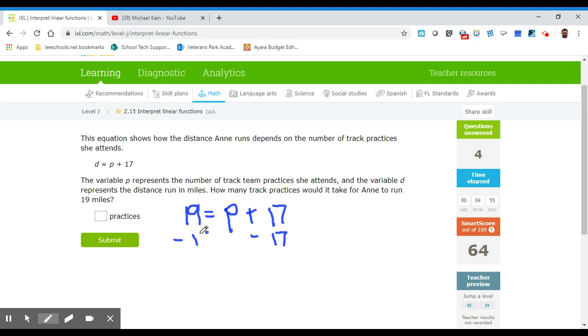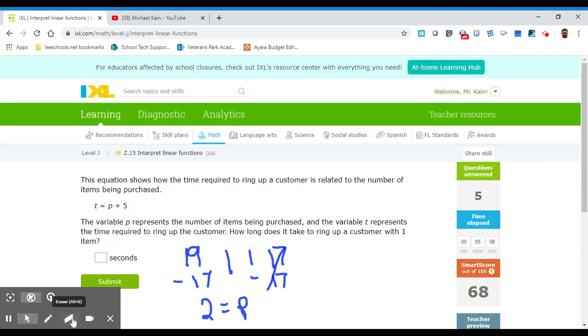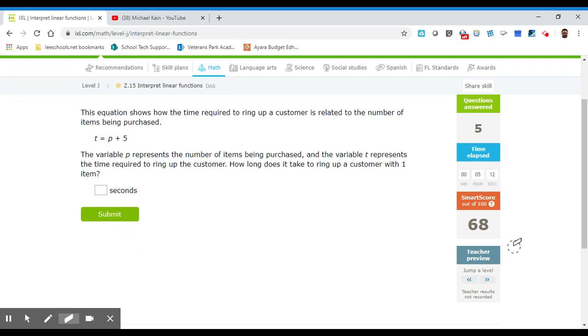Just subtract 17 from both sides, cancel it out, and P is going to equal 2. So 2 practices. So sometimes you can plug it into either variable. You got to pay real close attention to that. Okay, let's jump another level. See how difficult these things can get.